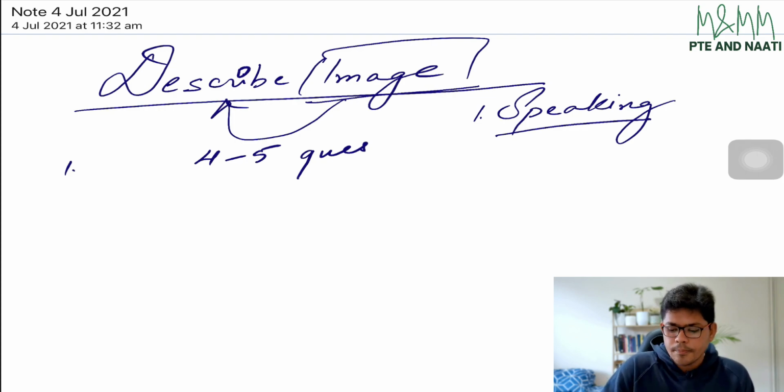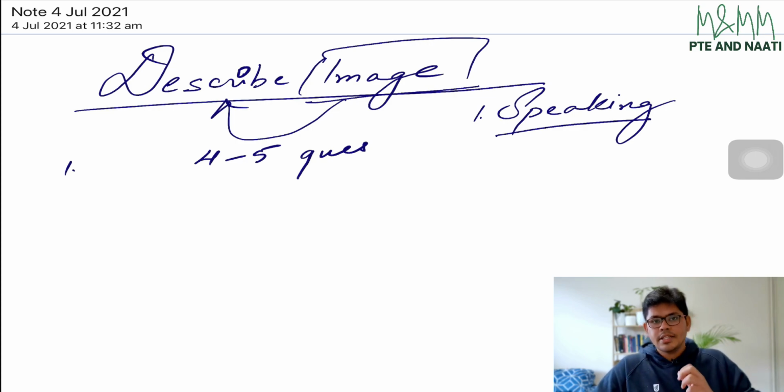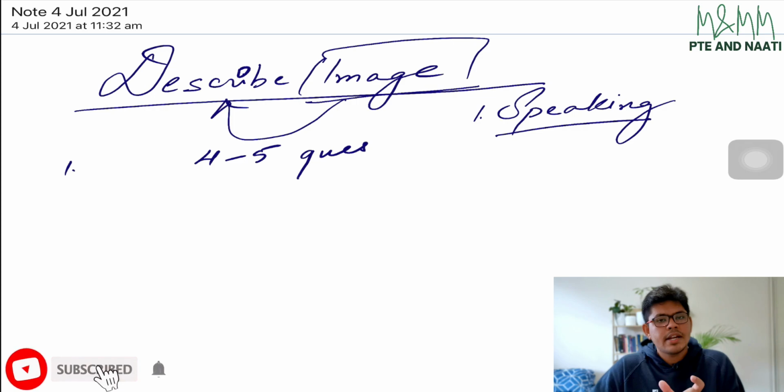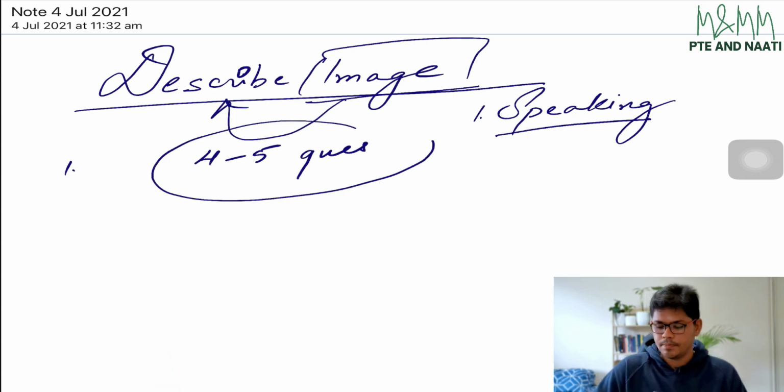Now, we all know that in the speaking section, take for example read aloud. Read aloud doesn't only give marks to speaking. It does give marks to speaking, but along with speaking, it gives marks to reading. Similarly, for describe image also we need to understand the scoring criteria in a correct way. When we understand the scoring criteria, it becomes very easy for us to tackle the topic because we understand the requirements of that topic.